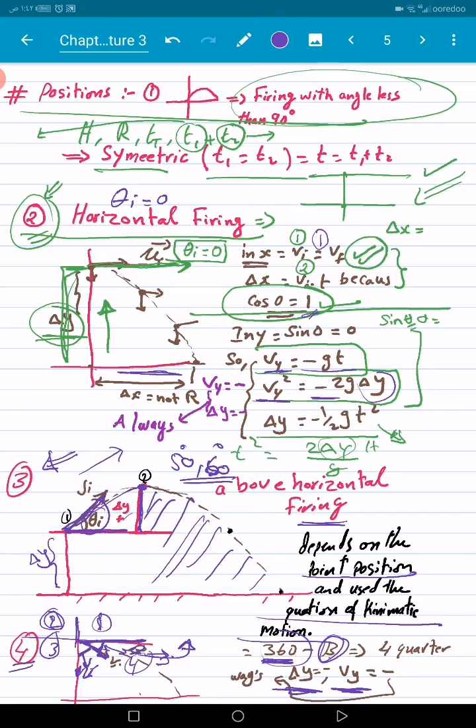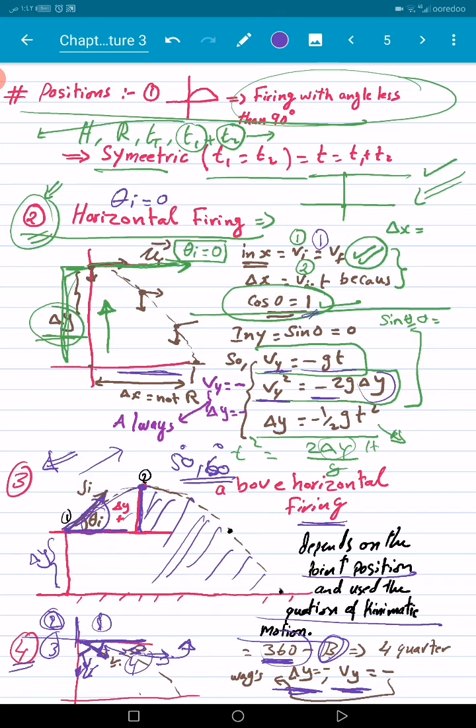So I find that there is a maximum point, there is a range, there is a time of flight to reach the maximum height, then the time to reach the ground from the maximum height, and the shape is symmetric, identical. So it's very easy, and I use the kinematic equations and find the value of the range, the highest point, the time of flight and the time to reach the ground.